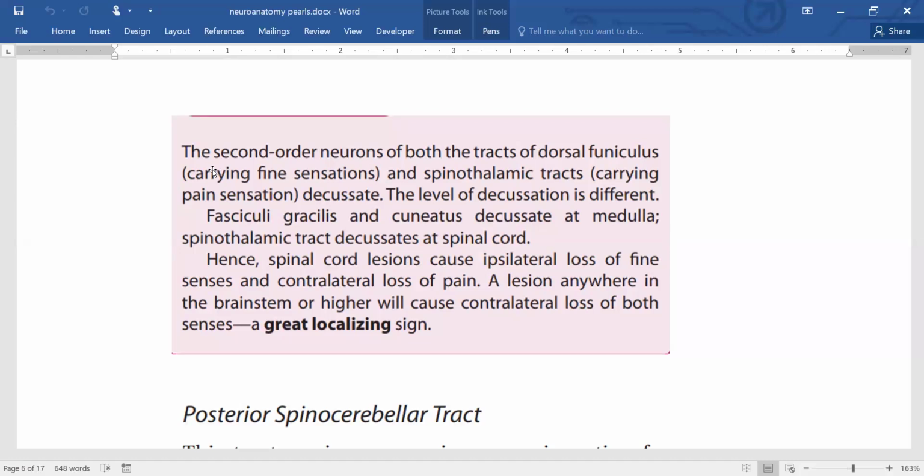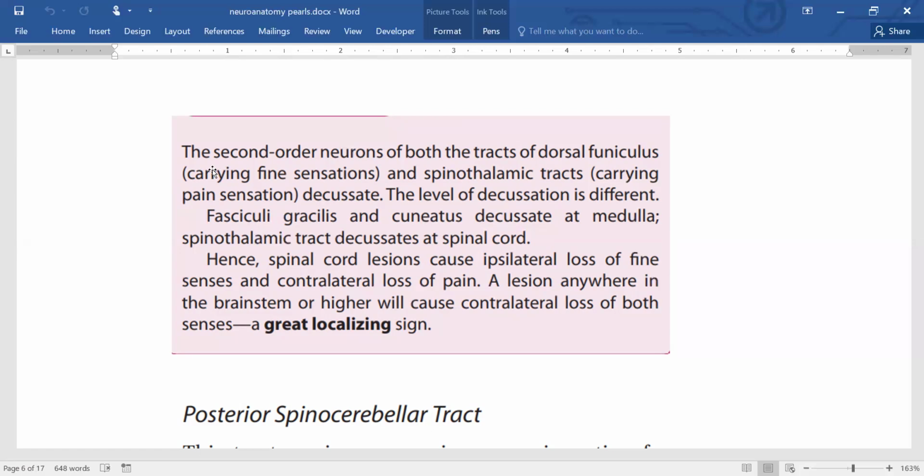And then the dorsal column tract, which carries fine touch, discriminatory touch, vibration and proprioception, and then the spinocerebellar system tracts, which carry unconscious proprioception to the cerebellum.